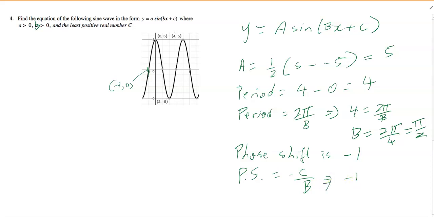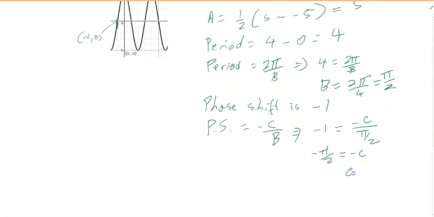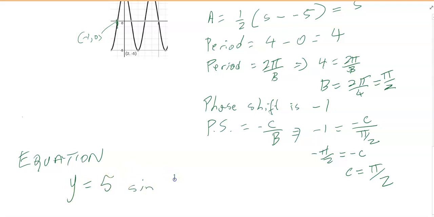So -1 equals -c divided by pi over 2, so pi over 2 is equal to -c... so c is equal to positive pi over 2. Finally, our equation is y equals a, which is 5, sine of b, which is pi over 2, so pi over 2 x, plus c, which is pi over 2, so plus pi over 2.